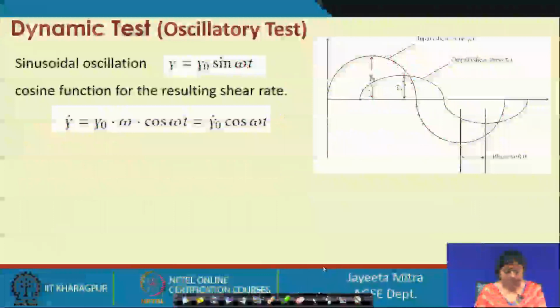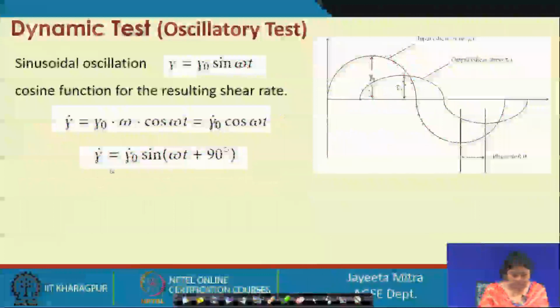So, a cosine function for the resulting shear rate will be there, that is gamma dot, that is nothing but gamma 0 into omega cos omega t. So, that is gamma 0 dot cos omega t. Okay. So, gamma dot will be equal to gamma 0 dot sin(omega t plus 90 degree).